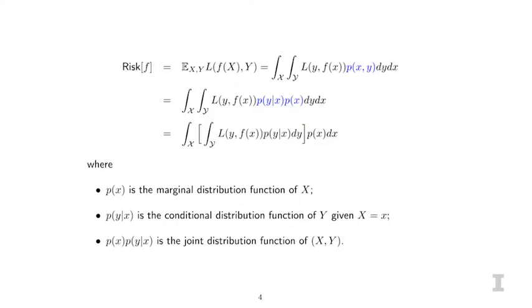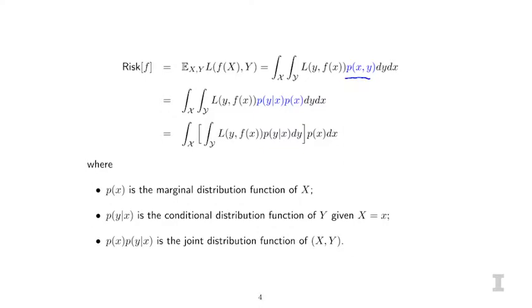Assume x and y are continuous, so the expectation is equal to a double integral of the loss function times the joint density function, dy dx. Here, without loss of generality, we assume x, y are continuous, so the expectation is evaluated by an integral. But if it is discrete, then we just change the integral to a summation, and the density becomes a probability mass function.